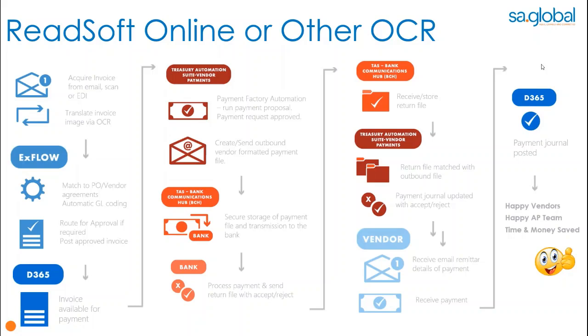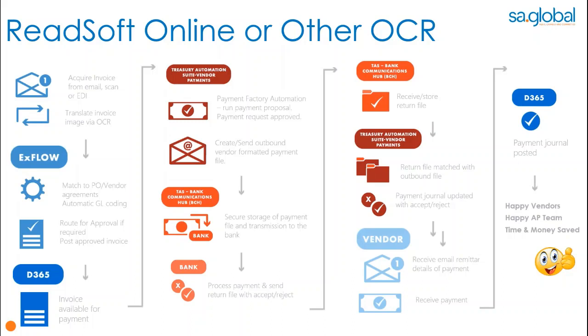So on this first slide, on the left side, we're going to get invoices in some manner. Generally, you're going to get those emailed to you, or you're going to receive paper invoices in-house. The invoice image will be captured and interpreted in the OCR, which is ReadSoft Online, that we're going to look at in a second. The invoice data will be sent as an XML, and the invoice as a PDF, into XFlow and D365.